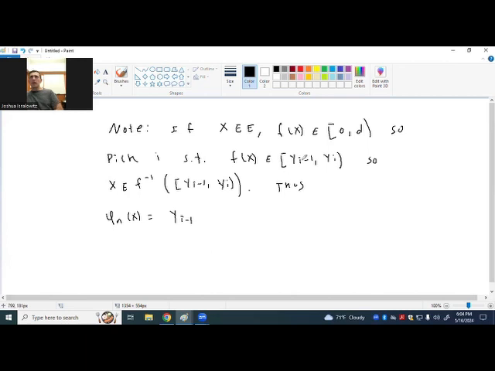Well, f of x is between y_{i-1} and y_i. It could be equal, but it's certainly bigger or equal to. So in particular, for any x and e, this is less than or equal to f of x.